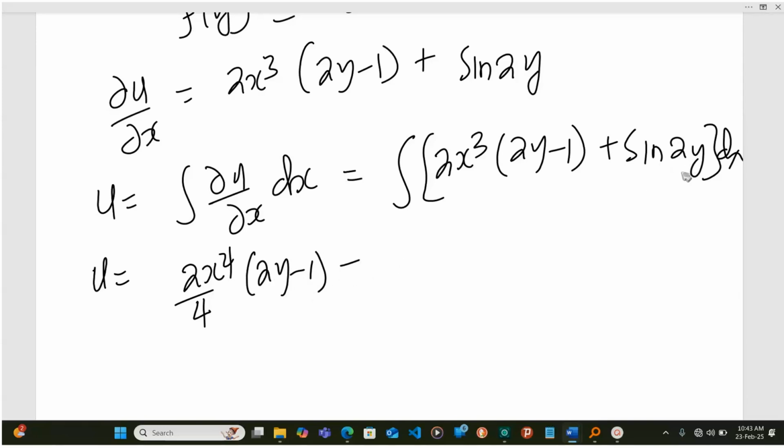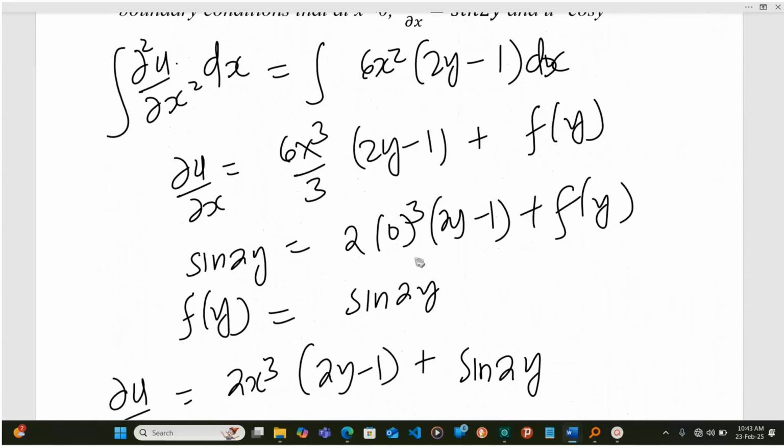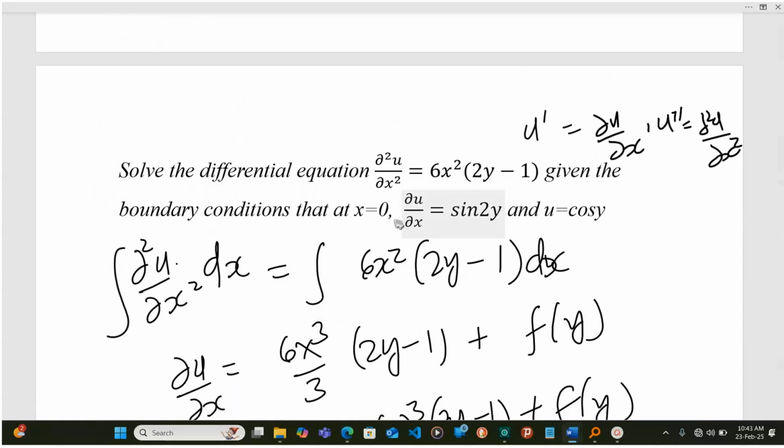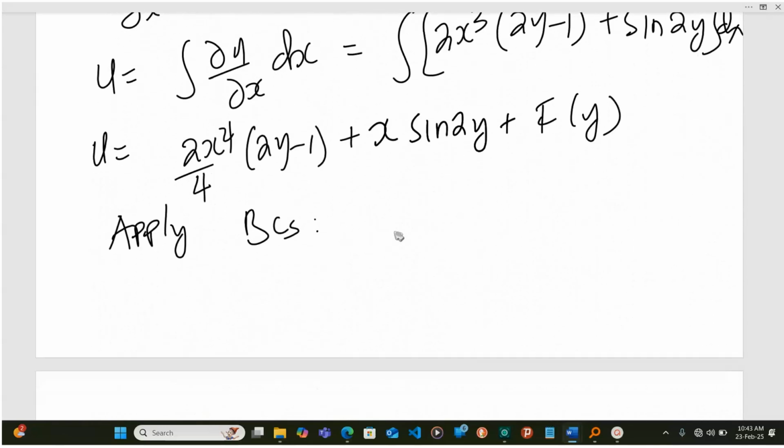Now, this is with respect to x, so plus x sine 2y plus another function that is having a y component. So we are calling it capital F of y. So again, we apply the boundary conditions. What do they say? That when x is equal to 0, u is equal to cos y. So x is equal to 0 and u is cos y.